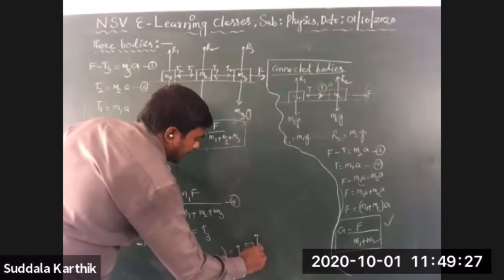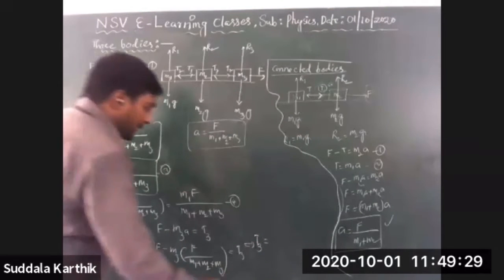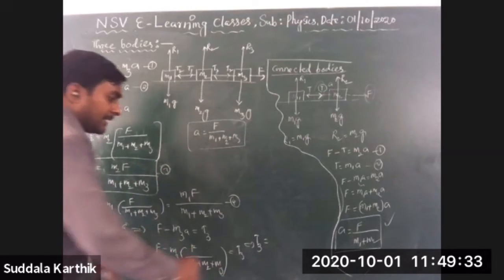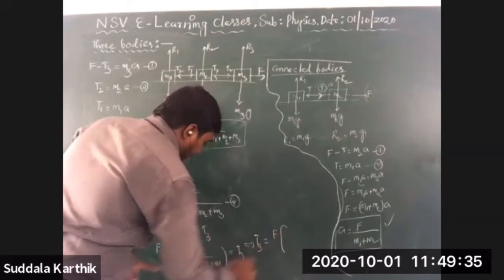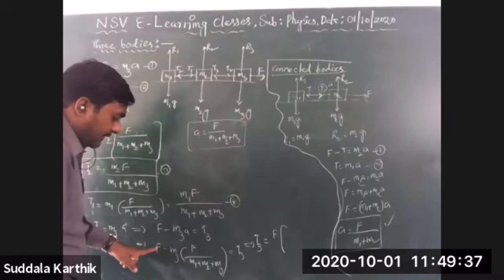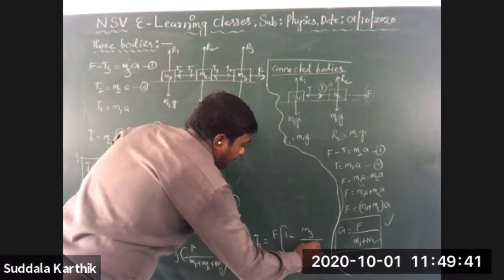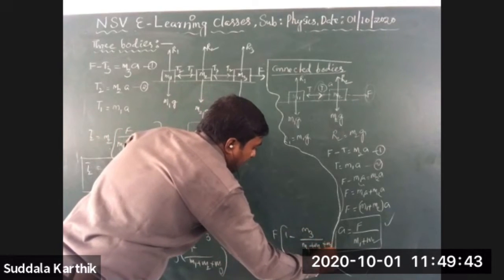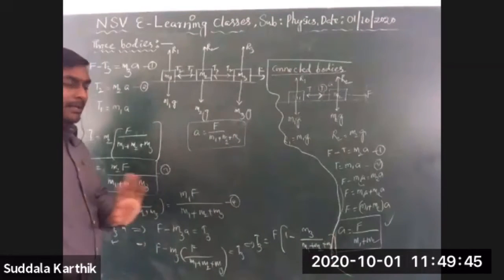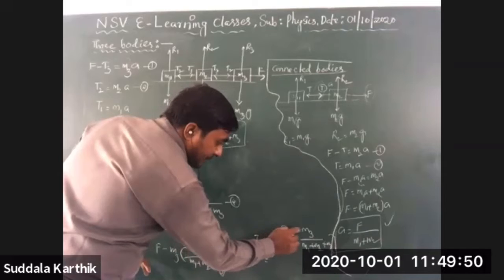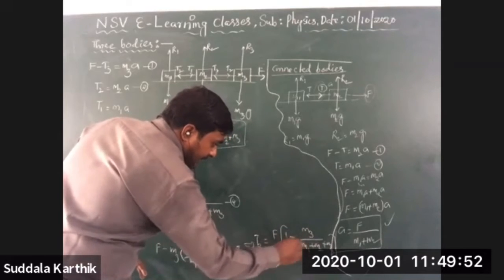That implies T3 is equal to how much, Nana? F is there, I am taking common F. M3 is there, here 1 is there. 1 minus M3 by M1 plus M2 plus M3. I am taking LCM, I am not doing anything. That is equal to M1 plus M2 plus M3 minus M3, M3 cancel each other.